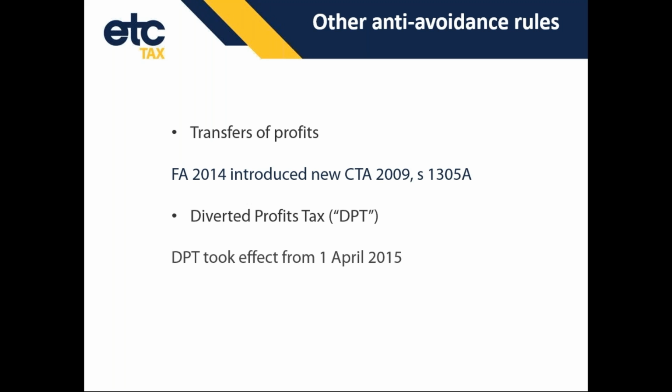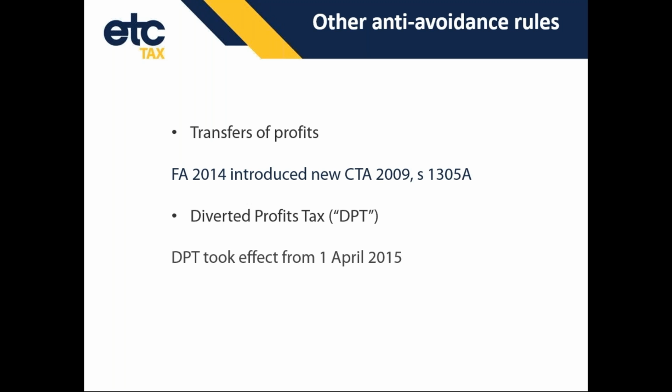Basically, these would fall outside the scope of the main anti-avoidance legislation. So hopefully these would only be applicable in very limited circumstances, as HMRC have confirmed that it will not seek to apply Section 1305A to transfer pricing situations, except where transactions lack commercial substance or are obviously artificial.